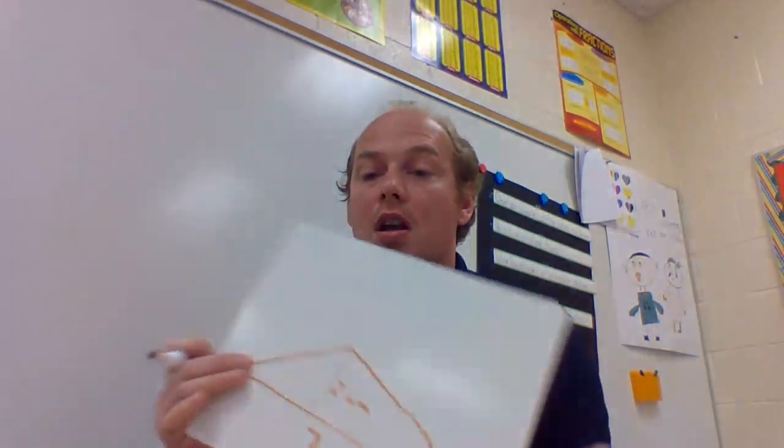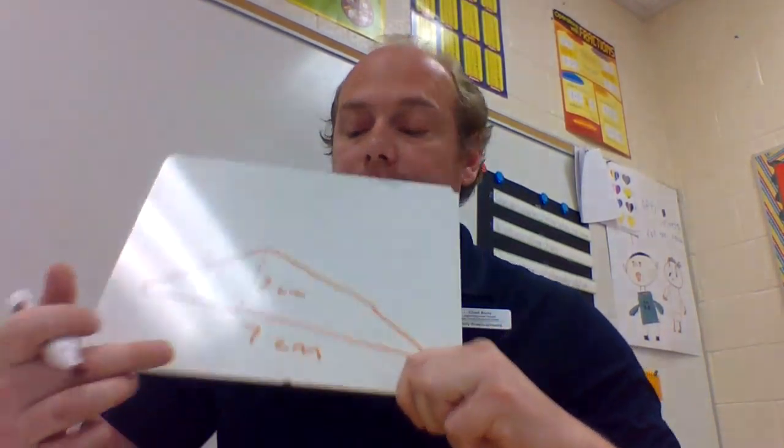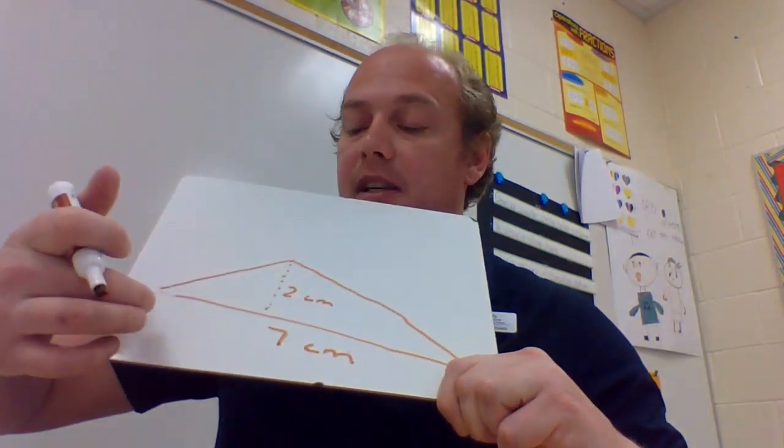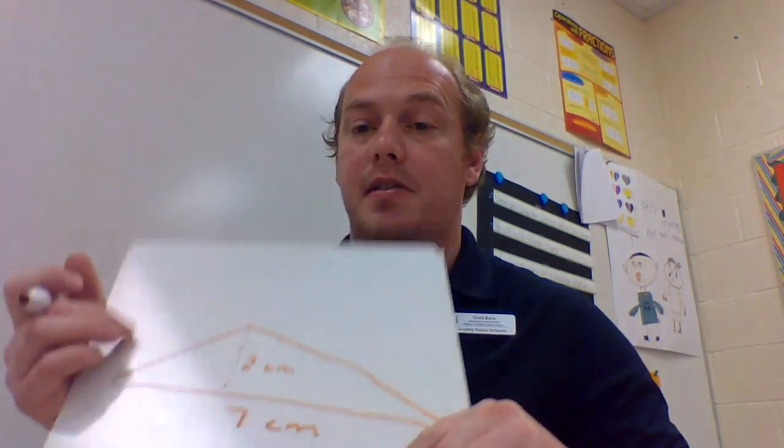So the base or the length is going to be marked, and I'm going to say 7 centimeters. And the height is going to be marked, and I'm going to say 2 centimeters. So we've got a base of 7 centimeters and a height of 2 centimeters.